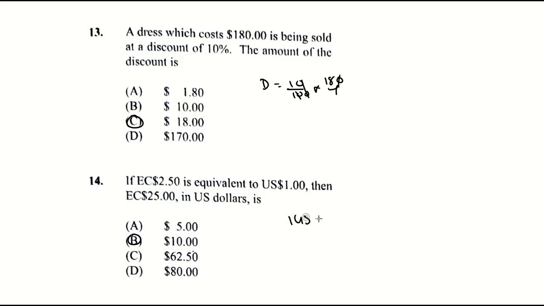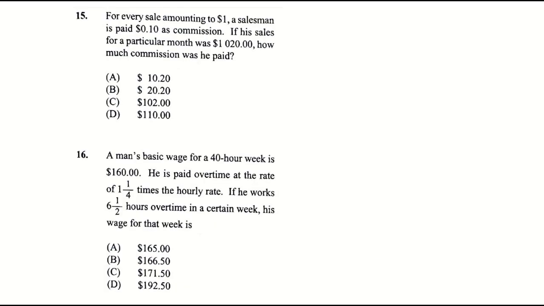We know 1 US is 2.50. So 10 US would be $2.50 multiplied by 10, which is $25. So using the answers, you could have just converted to EC to get the answer that you have for number 14.